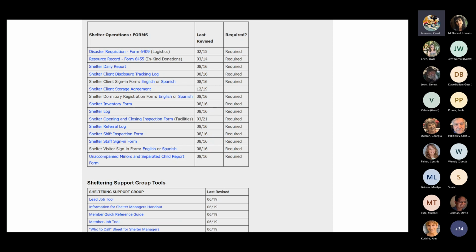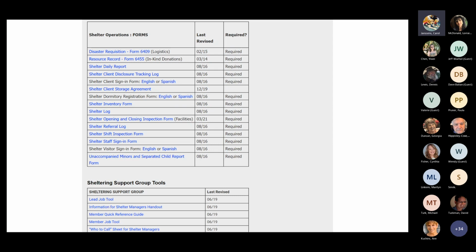You might even put in there that somebody came by from a restaurant and donated lunch for us, or that there was a conflict between two clients, so that the next shift knows. The shelter daily report is mainly numbers and figures, like how many cots you have and how many meals you're serving. It's more for headquarters, where the log is more for that shelter in particular.